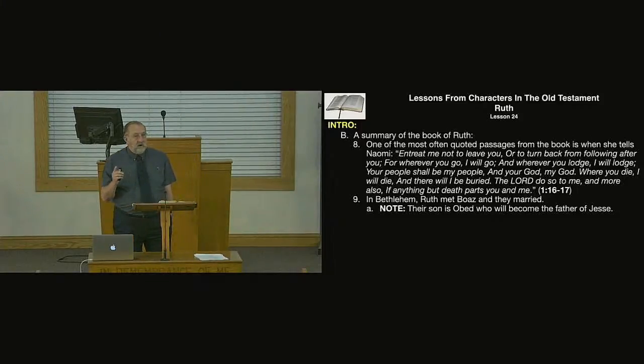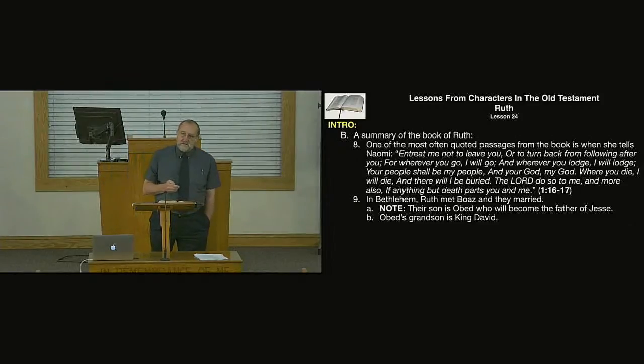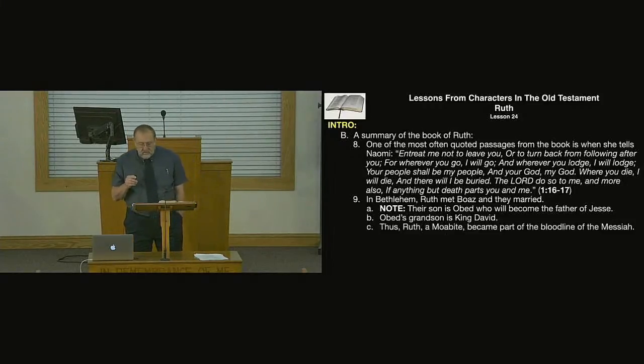The father of David. Yes, Obed's grandson will be King David. And so, whether we realize this or not, Ruth, though she is a Moabite, became part of the bloodline of the Messiah, of Christ.